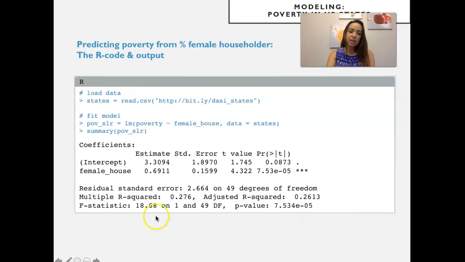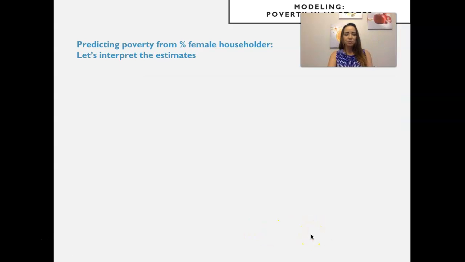And the estimate is positive, meaning that for each percentage increase in females heads of households in the state, you get an increase in poverty rate of 0.69. And that predictor is significant, as expected, because the model is significant and we have just one predictor.